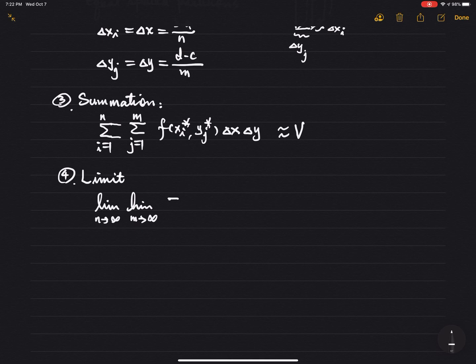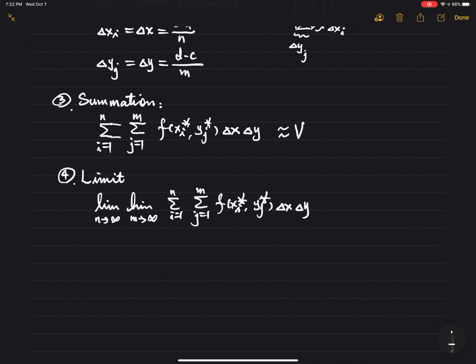And then we have the sum over i from 1 to n, and then j from 1 to m, and then we have f(xi star, yj star), and then we have delta x, delta y.